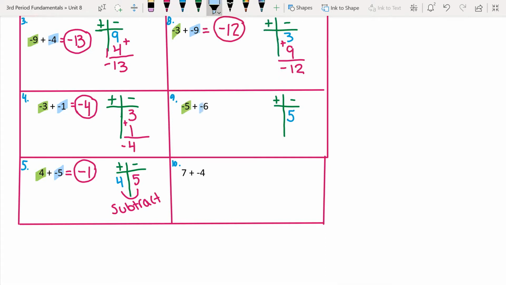Second number, -6. It's also negative, so on the negative side I'd write 6. Same side, I add together, because they're both on the minus side. So 5 plus 6, that's 11. Because they're both on the negative side, it just makes it negative. So you have -11.